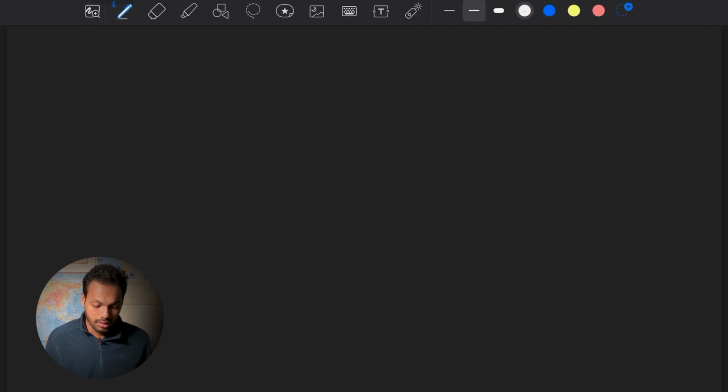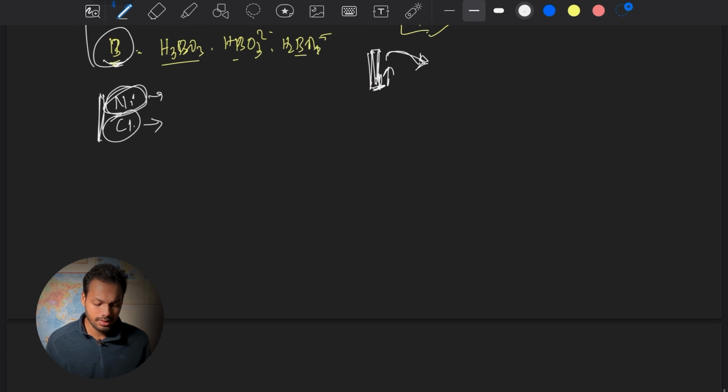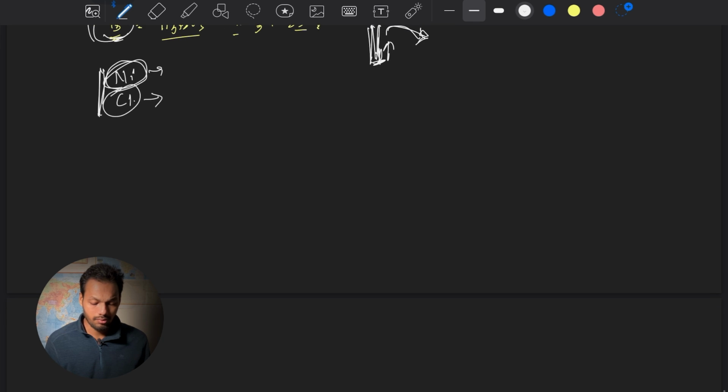See, the deficiency symptom of any nutrient, how does it work? Suppose this is the growth or yield, and this is the nutrient content.